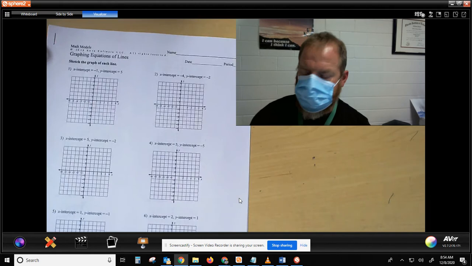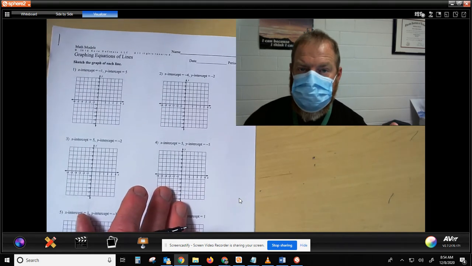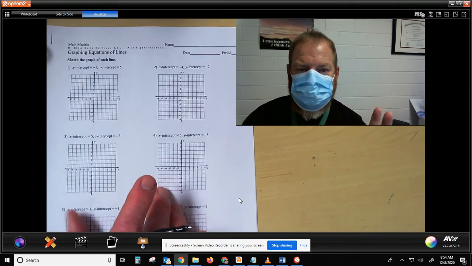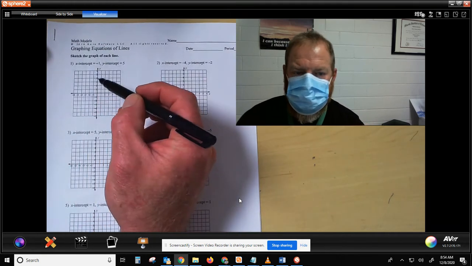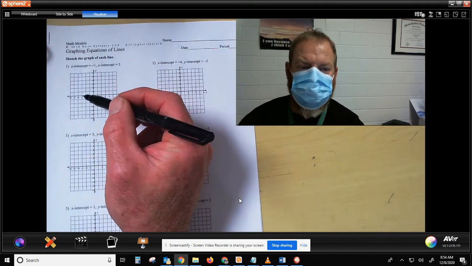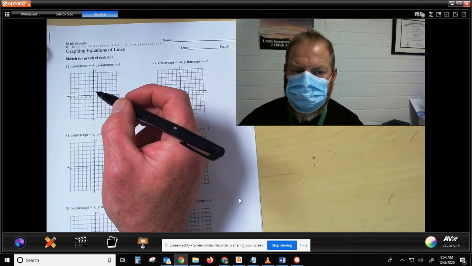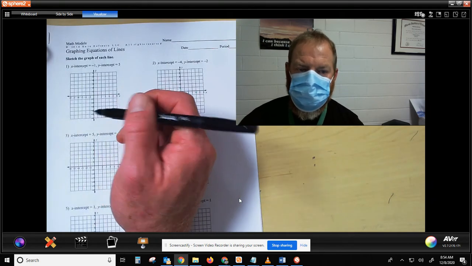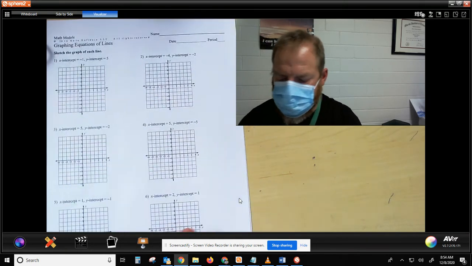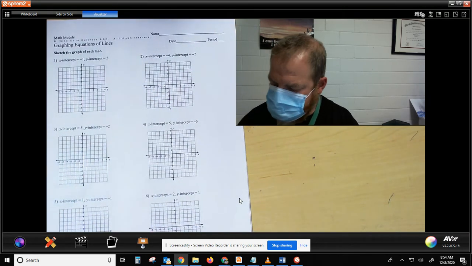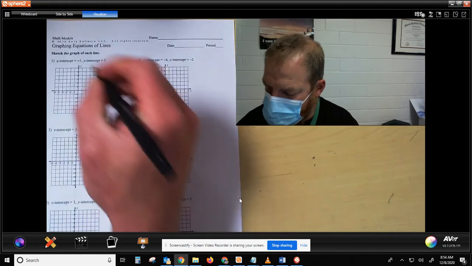I was just telling the class, though, that this first page is not really easy using the technology tools, because graphing calculators and websites are set up for equations, and this offers x-intercepts and y-intercepts. But let's cover half of them so we kind of know what we're doing in case this went over your head at home.